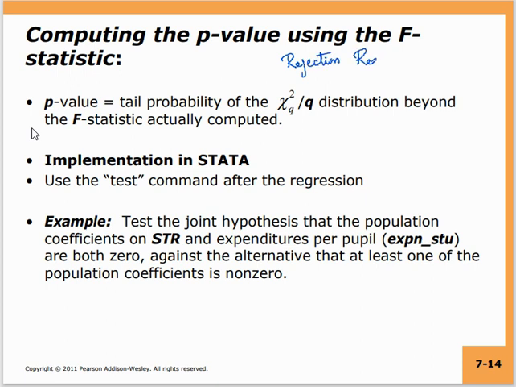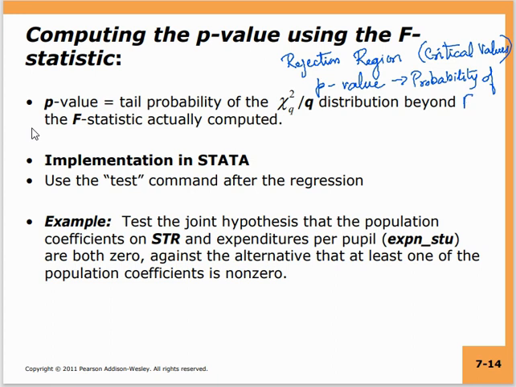You arrive at the critical values and then you reject the null hypothesis. Another is by computing the p-value, which is the probability of getting an F statistic even more extreme than the one that you have seen.